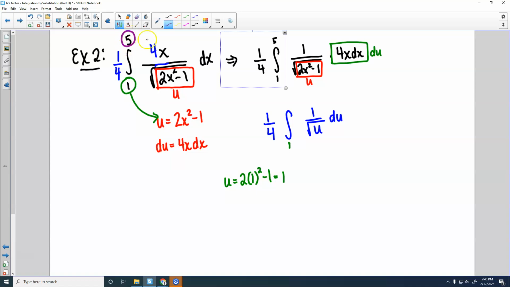Then we're going to take 5 and also plug it in here. So u equals 2 times 5 squared minus 1. This might actually work out, because that's going to be 50 minus 1, so we'll get 49. So 49 is our upper limit.